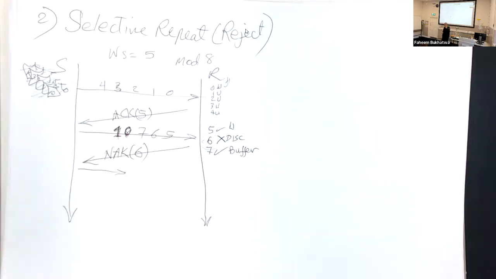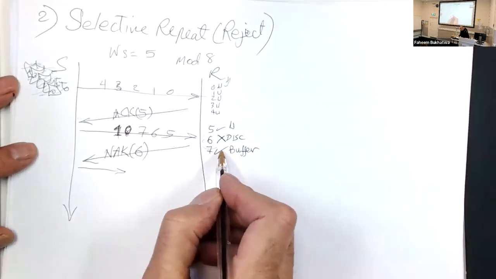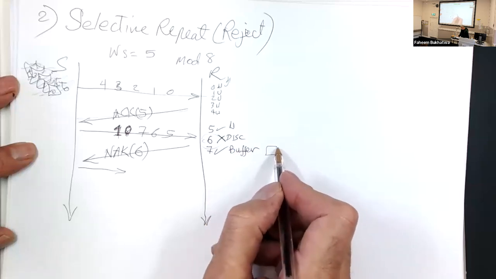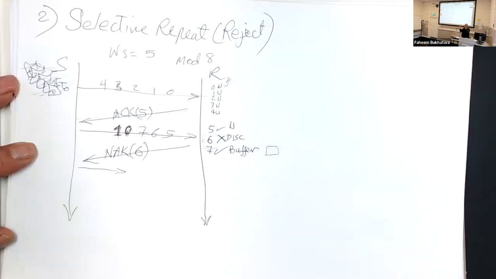So now, in this system, the receiver needs memory. Anybody know how much memory we will need? Just think about it, we'll get to it. Number 7 is fine, that means we have to buffer it. We can't send it to our user, but we're not going to get rid of it.